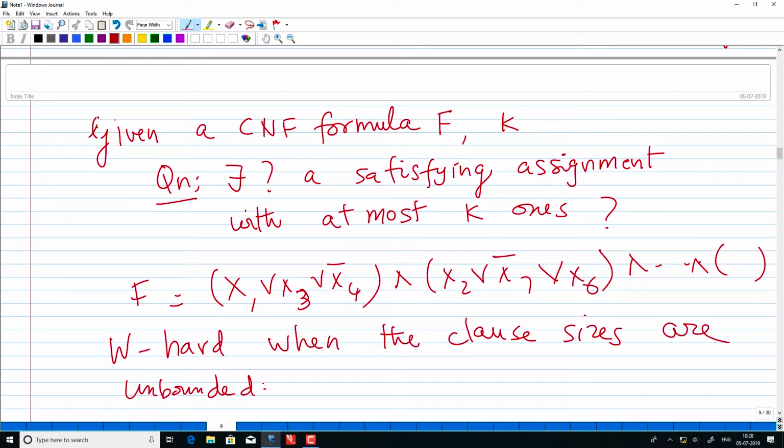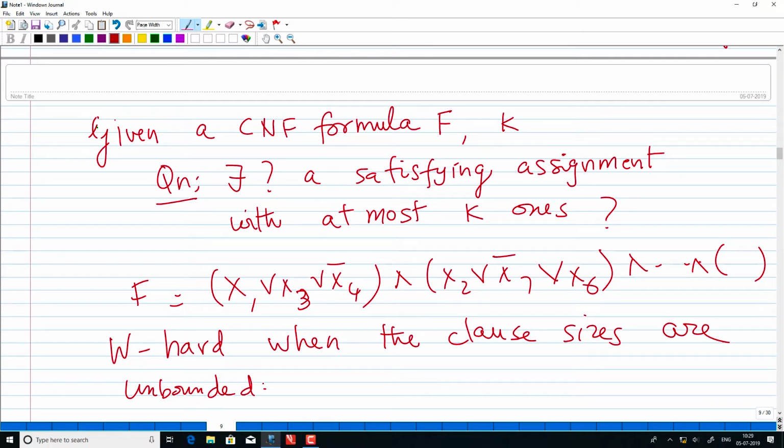What does that mean? What do we do? What is the template? We reduce from some known hard problem to this in a parameterized way. What are the problems I have told you? Clique, independent set, multicolored clique, and dominating set. Right. Let us try and reduce from dominating set.